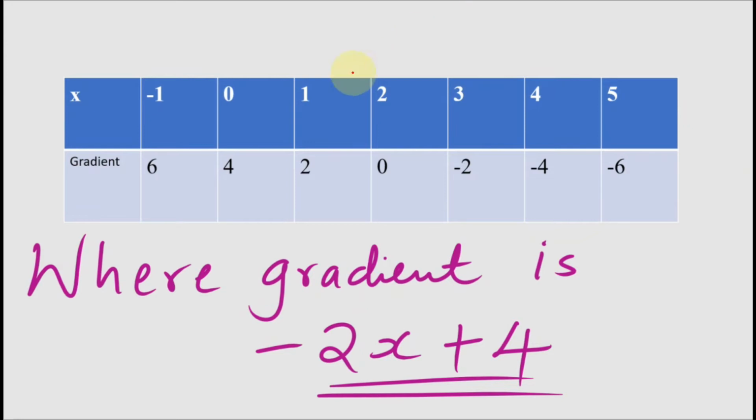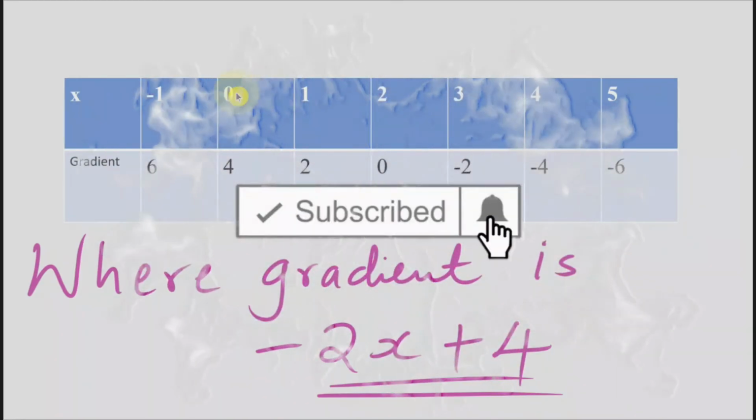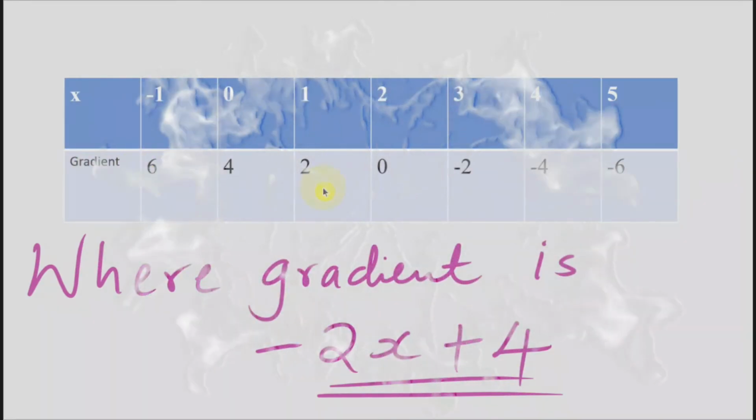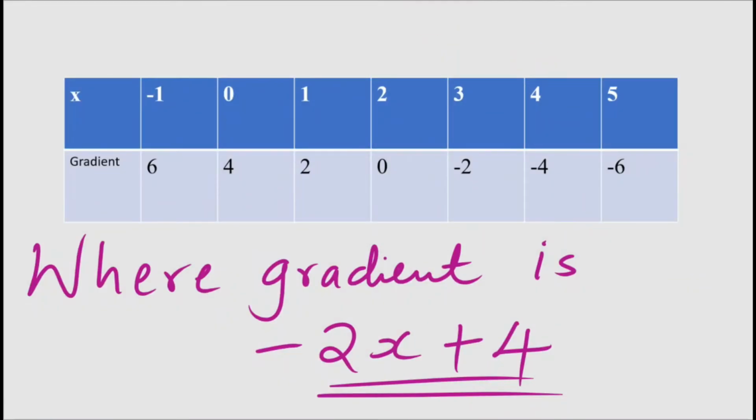Get some points, from negative 1 to 5, and use this gradient to obtain the values. So substitute, like, negative 1. You get 2 plus 4, it will be 6. So go on substituting, and this refers to the gradient at these different points.